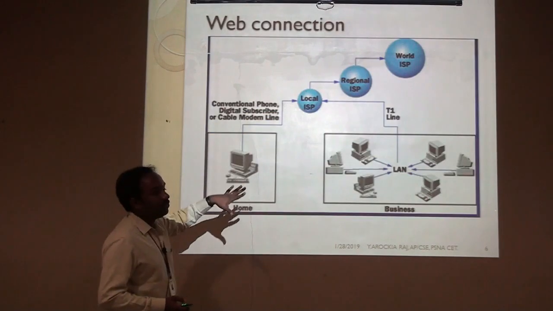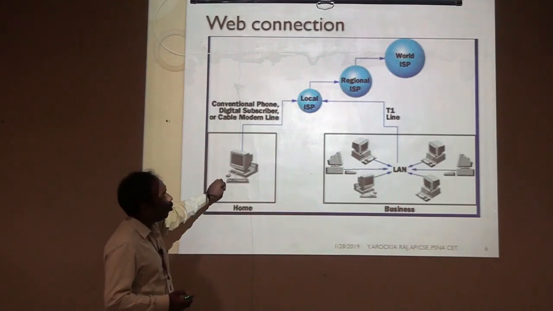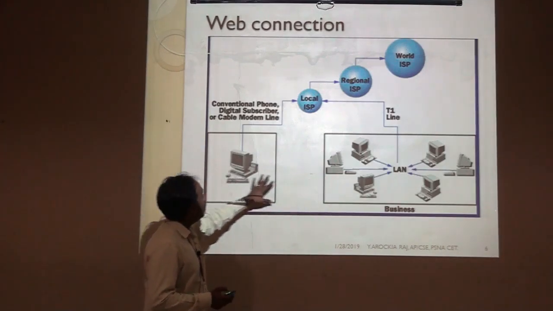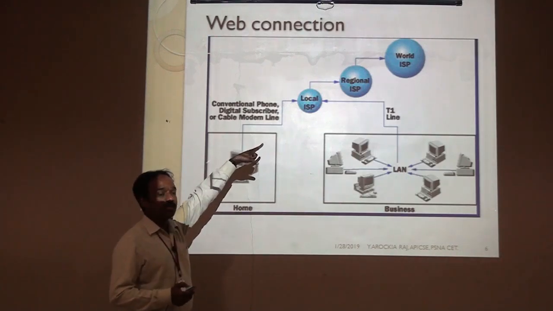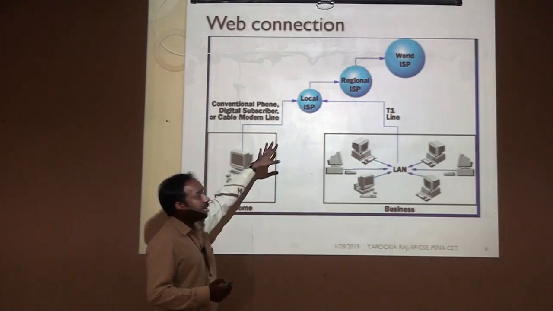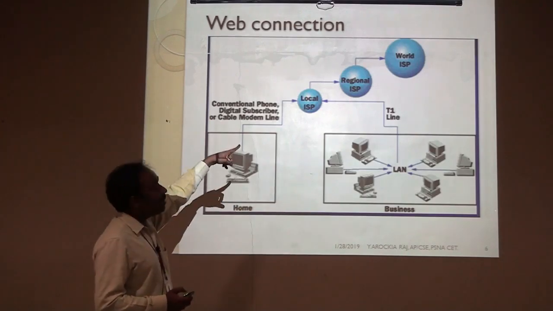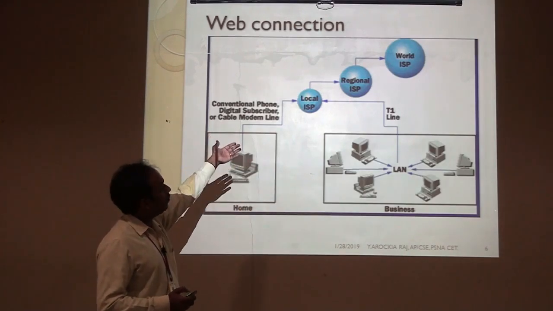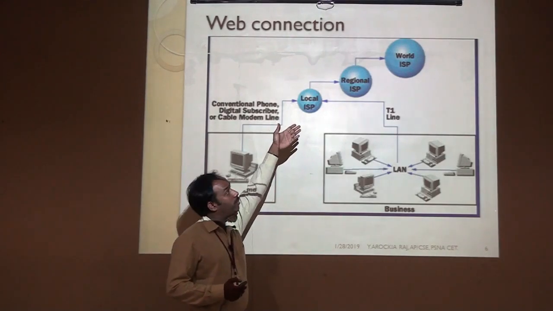This is the basic web connection we are using nowadays, whether at home or in business. The request is sent to the local ISP, that is the Internet Service Provider, and via that ISP the request and response are handled. If my server is not available locally, my request will be moved to the regional level.